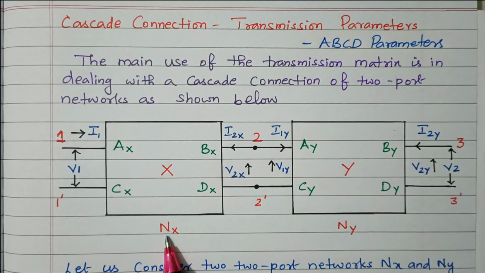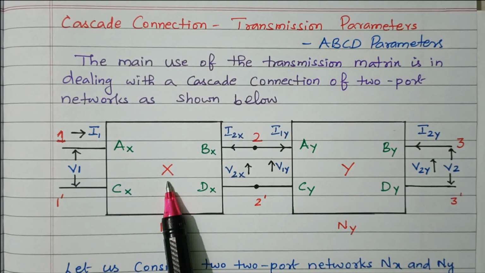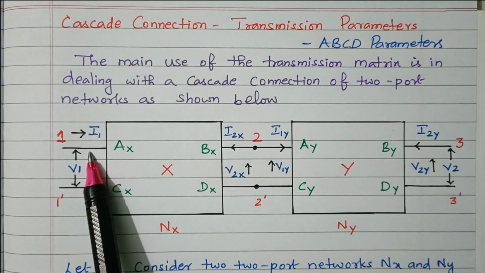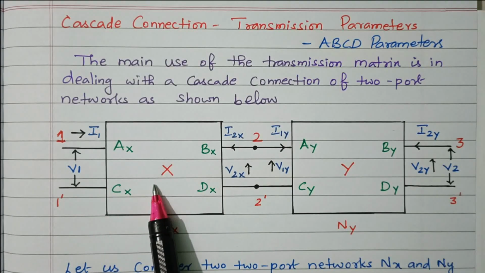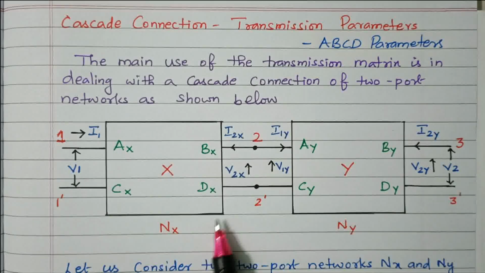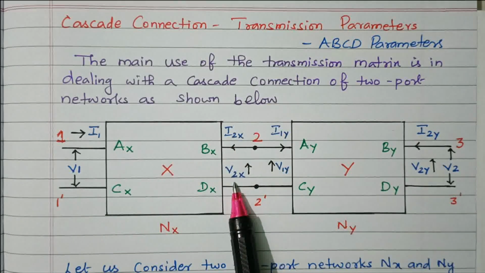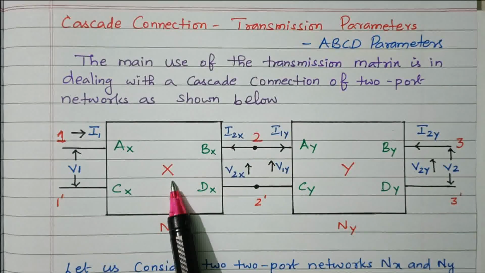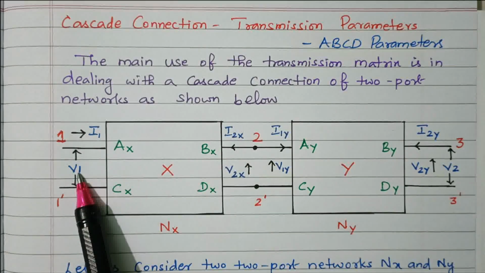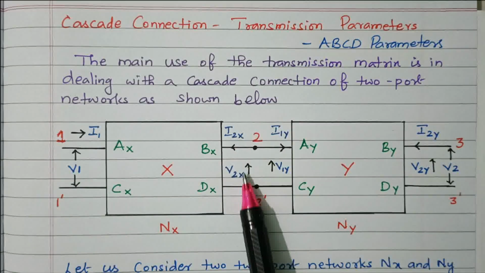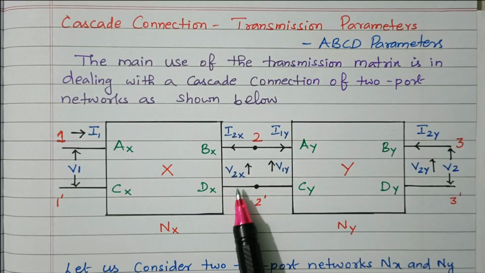While referring to transmission network X, I1 and V1 are the input voltage and current of the first transmission network X. Similarly, I2 and V2, that is I2X and V2X because of network X. So 1 refers to the input side, sending end, 2 refers to the output side, receiving end.